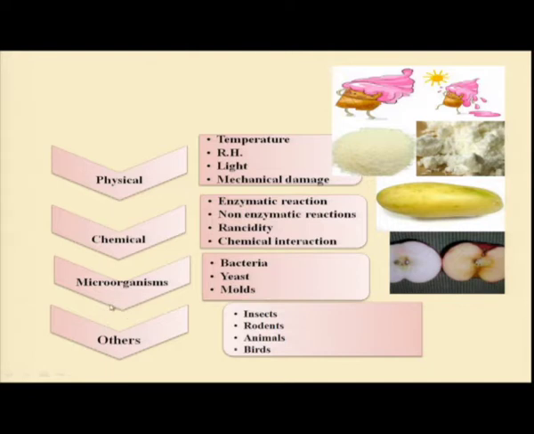When we talk about the microorganisms causing spoilage, as you know, we have three major categories: the bacteria, the yeast and the mold. Now here also, if we are talking about food processing, we do use certain microbes. For example, fermentation, conversion of milk to cheese, yogurt or curd.